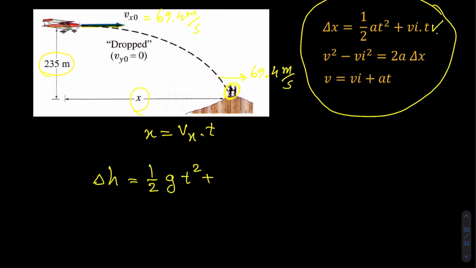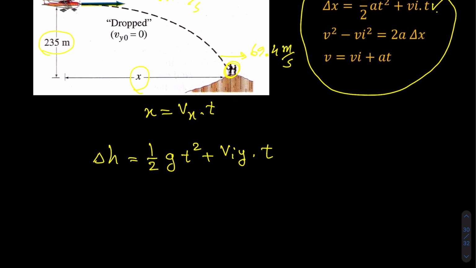Here I need to be specific and write V initial y times t, because I am only concerned with the vertical dimension of the velocity.